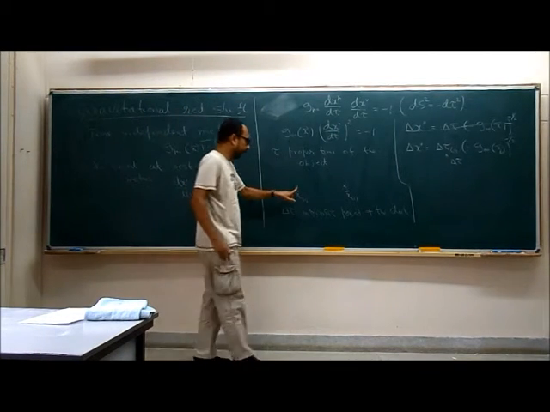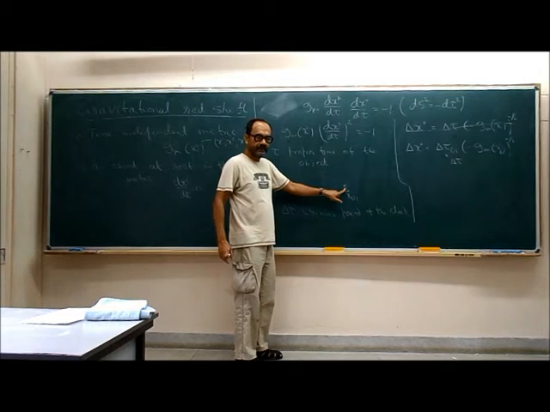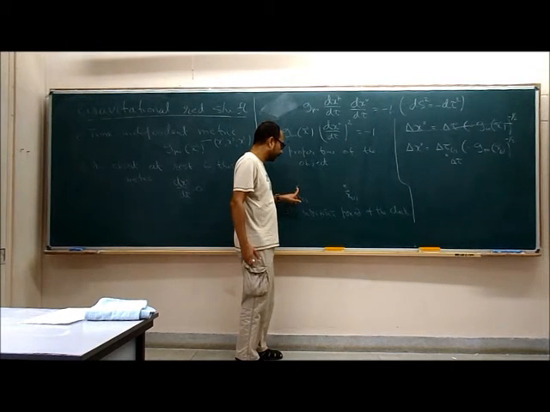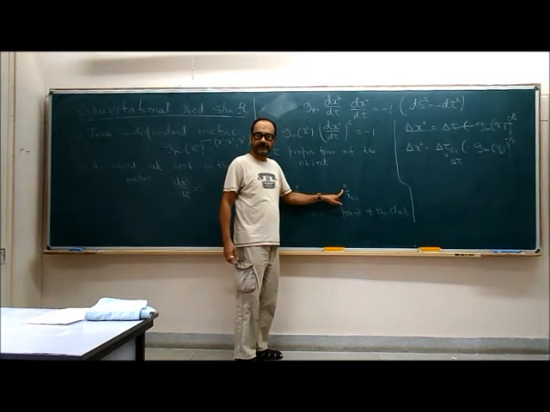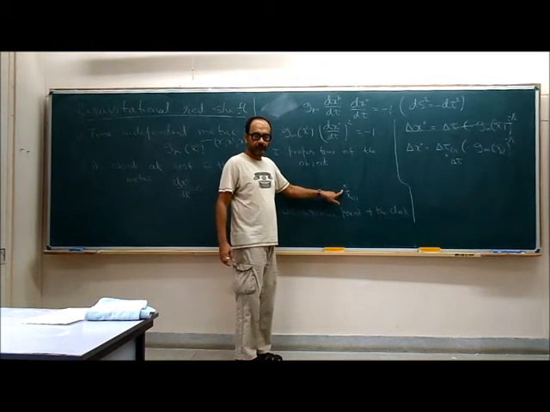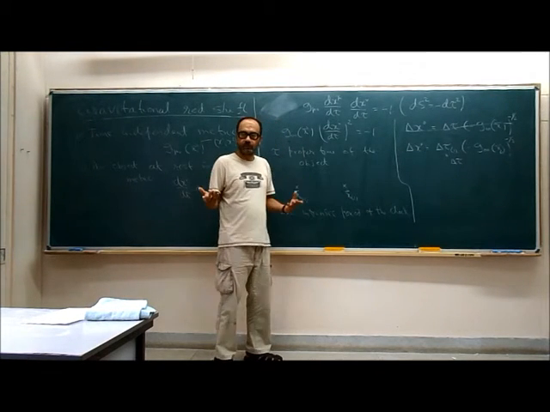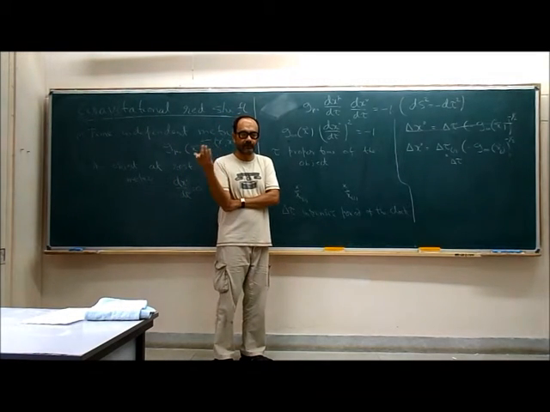the x naught interval that it takes for the first signal to travel from here to here is the same as the x0 interval that it will take for the second signal to travel from here to here. Is this point clear? Then because the light travels from x1 to x2 according to certain rules, that rule is that it travels along a null geodesic, g mu nu dx mu dx nu equal to 0.